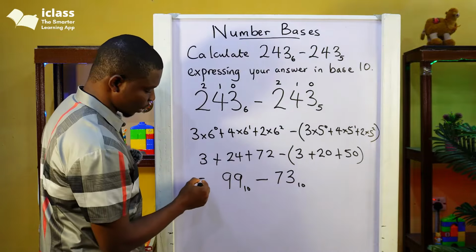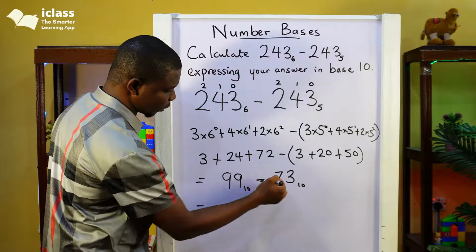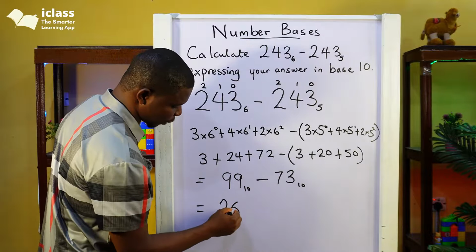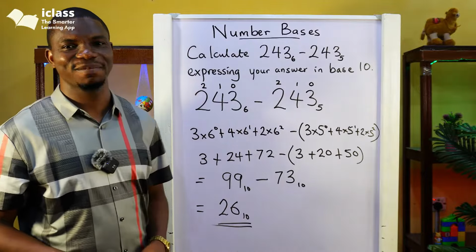Okay, so we are subtracting now. 99 minus 73 gives us 26 base 10 as our answer.